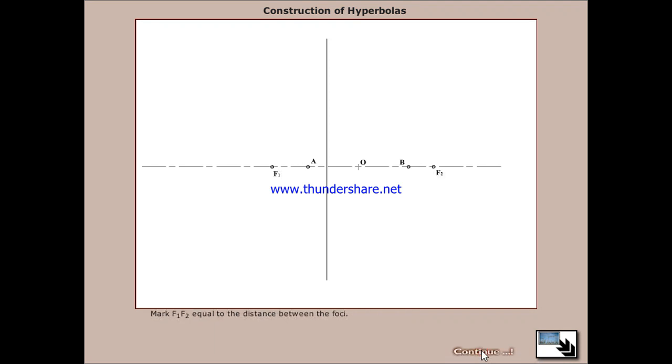Mark F1, F2 equal to the distance between the foci. On BA produced, mark a number of points 1, 2, 3, etc. arbitrarily. On AB produced, mark points 1 dash, 2 dash, 3 dash, etc. of the same distance as 1, 2, 3.